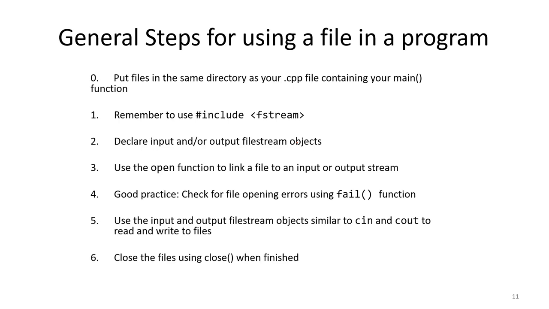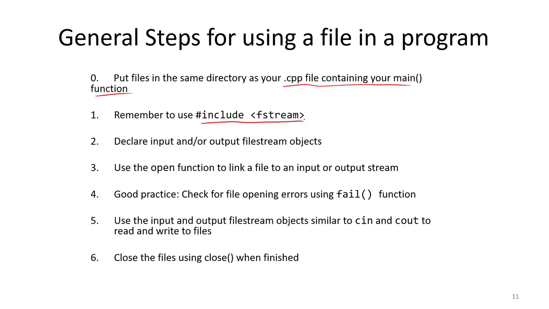So, initial step we want to do, we want to make sure we put files in the same directory as the CPP file containing our main function. That way, we can easily find the data file when we're compiling our program. Next, we need to remember to use the #include <fstream> header.